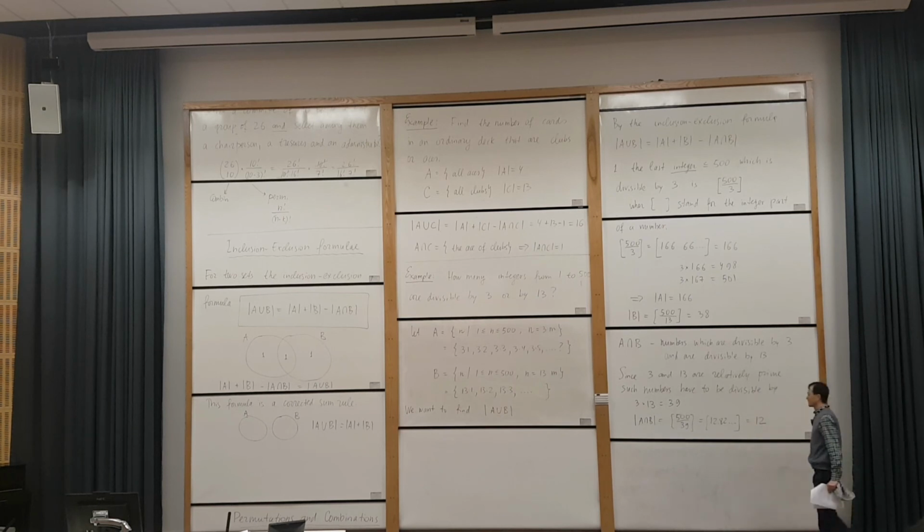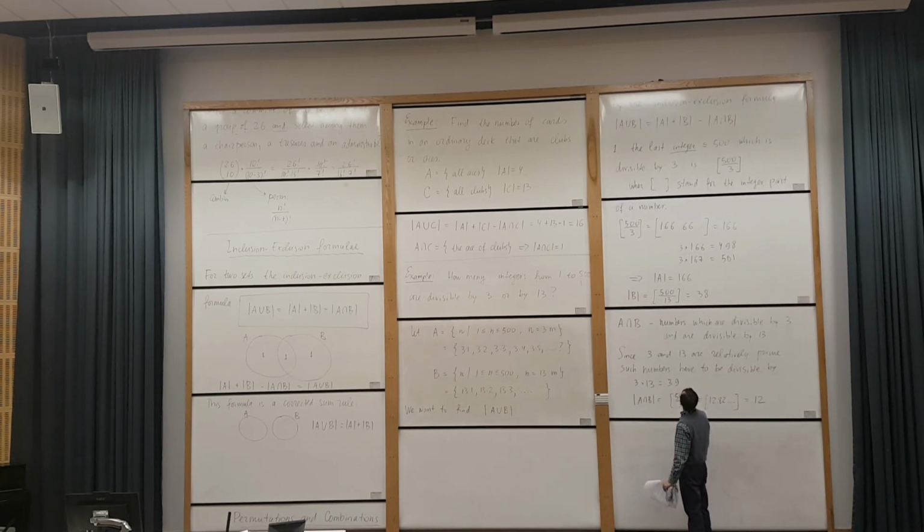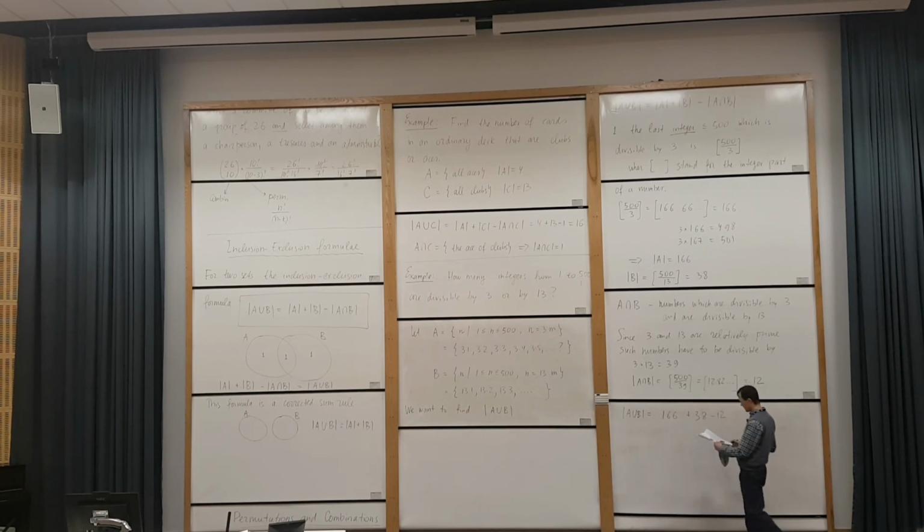So that is 12. That's the number of elements in A intersection B. Okay, so we found all 3 ingredients. Now we use the inclusion-exclusion formula and just substitute the numbers. We have 166 plus 38 minus 12, which gives us 192.